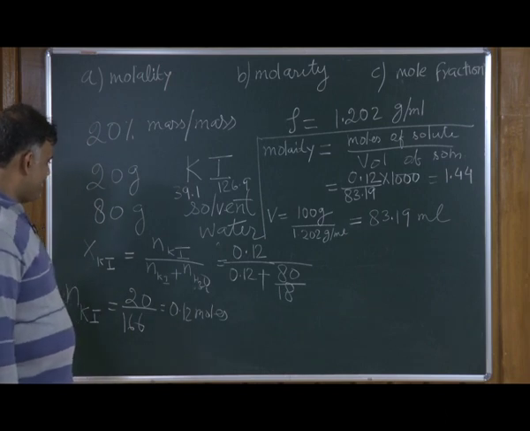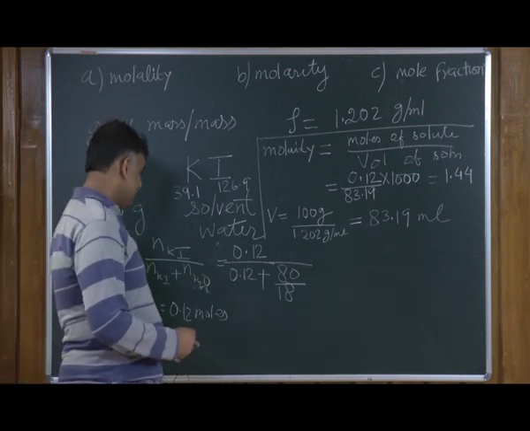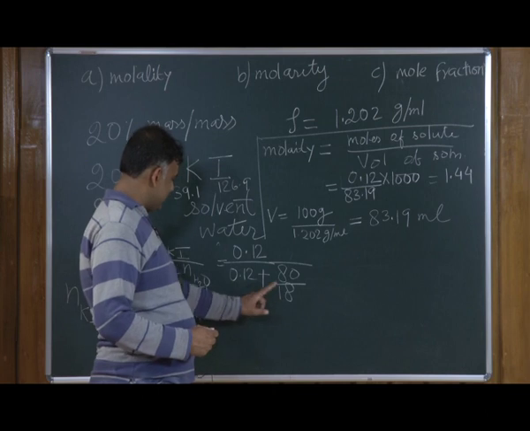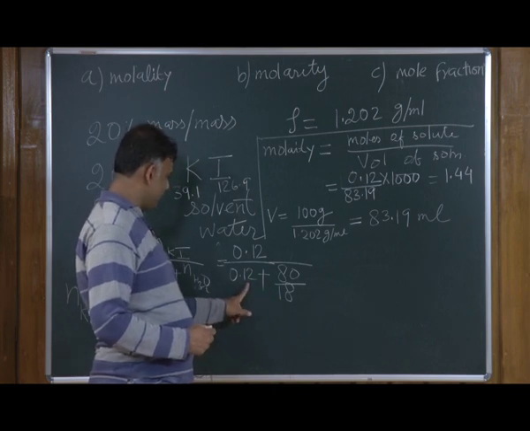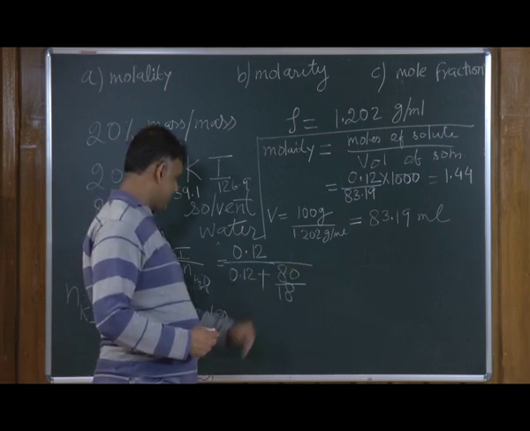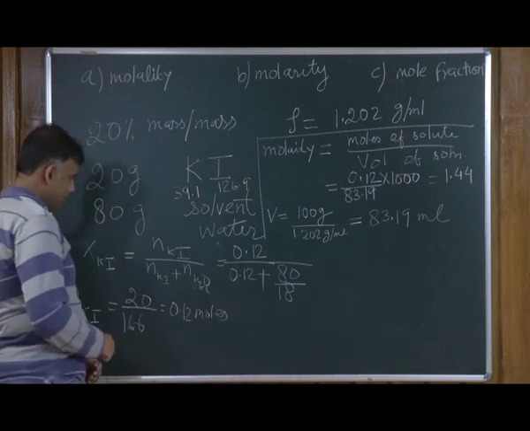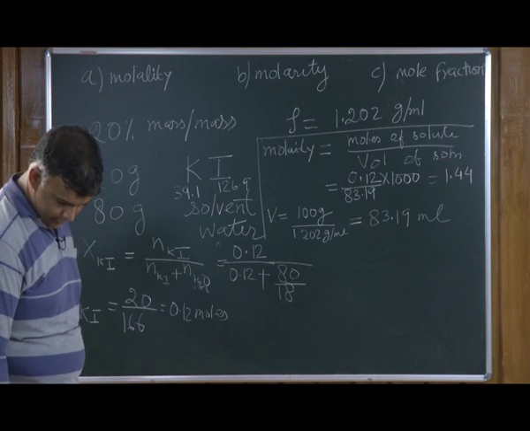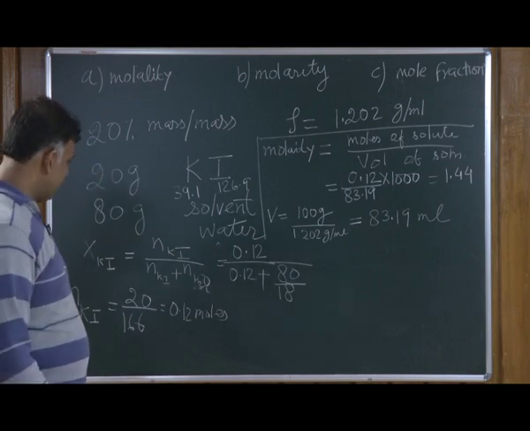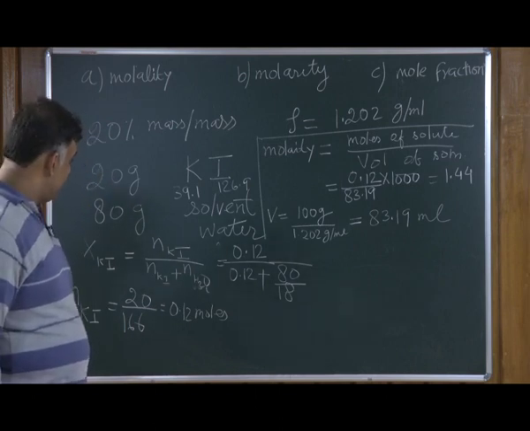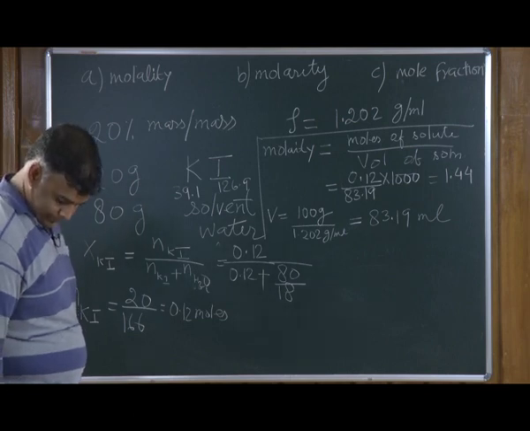If one wishes, they can ignore 0.12 with respect to approximately 4.5. It will not be such a big error, but let us keep it, since we have a calculator. During estimation, one needs to ignore those quantities.